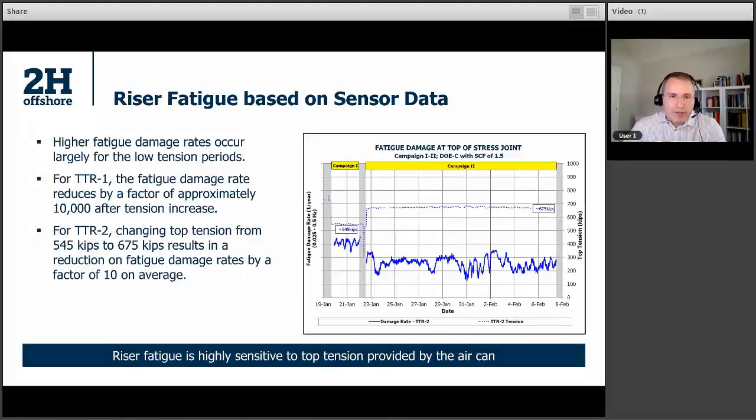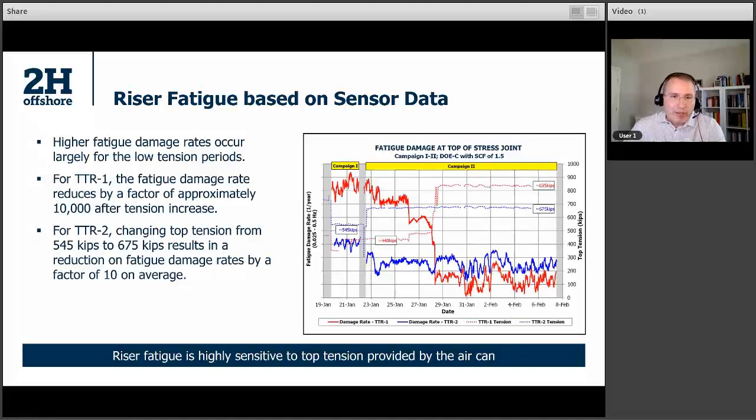So this is the overall result. As you can see, the riser fatigue is highly sensitive to top tension provided by the ARICAN. So it is important to check and evaluate the tension settings in the TTR systems.